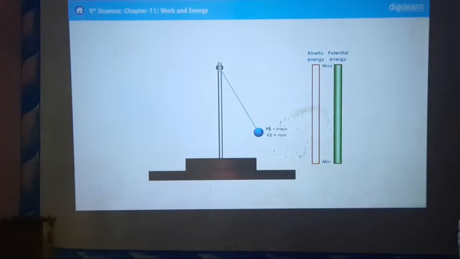At the extreme position, it has maximum potential energy, but no kinetic energy. When it moves towards the mean position, potential energy decreases and kinetic energy increases. At any given position, the sum of the kinetic and potential energies always remains the same. Hence, we can say that the total energy remains constant, that is, the energy is conserved.